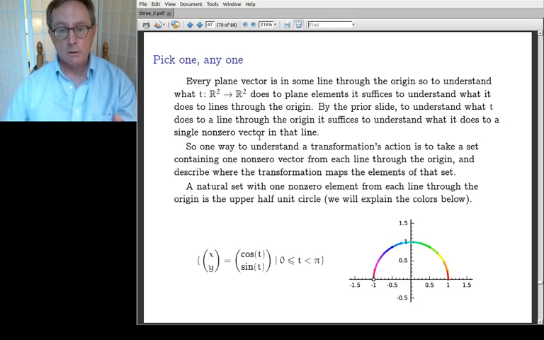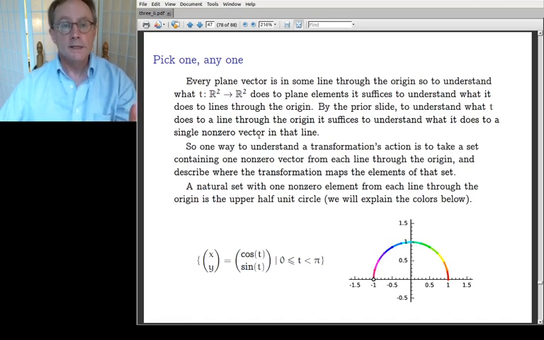Okay? So all I've got to do is pick one point from each line through the origin, figure out what T does to that one point, and I'll know what T does to every point in the plane. For example, in the line y equals 2x, I pick the point (1, 2).